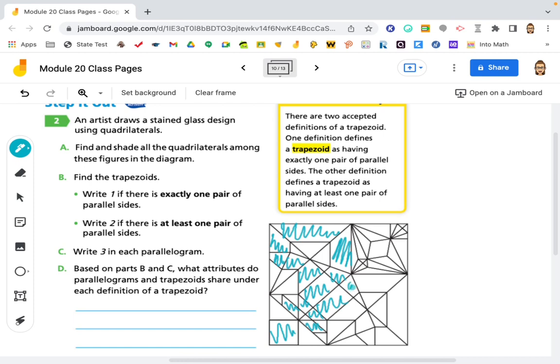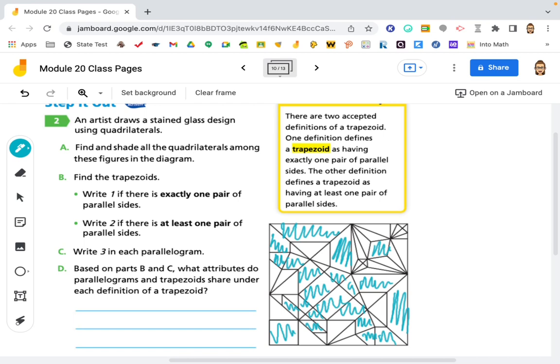We're just going through, and if it has four sides, I am shading it. Okay, I think I got them all.